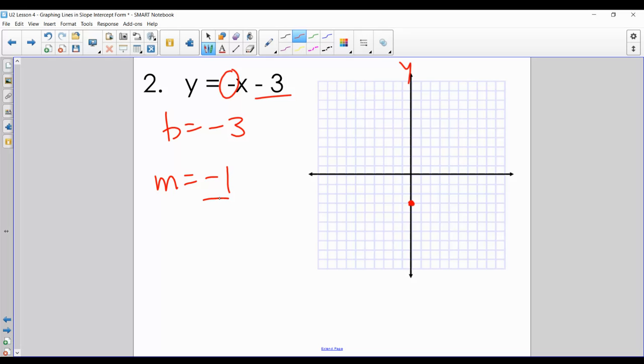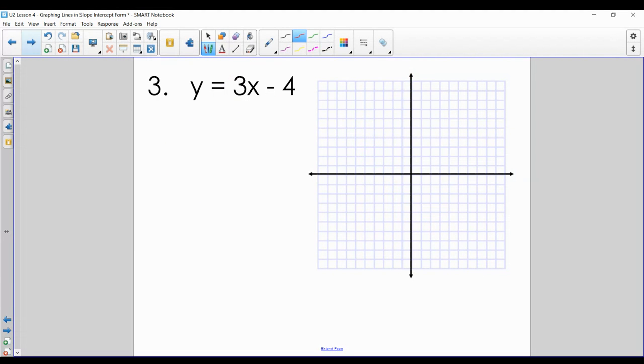I can think of that as -1 over 1. The negative tells me I am going down 1 and then to the right 1. So I'm going to go down 1, right 1, down 1, right 1. And I'm going to draw my line through those, showing that it goes edge to edge. If I'm using a straight edge, I would just definitely draw it from edge to edge.